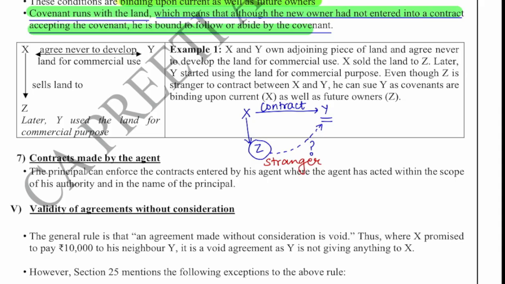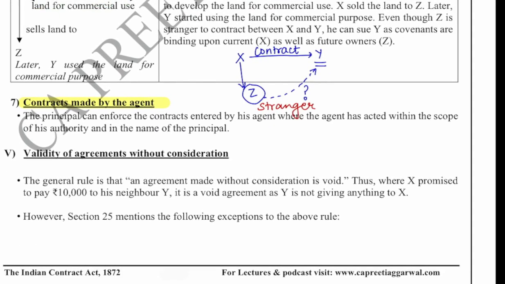Then Y can sue. Next, we have contracts made by agent. Does the agent enter into a contract for himself, or is he doing it for the principal? Yes, of course, he's doing it for the principal. So we have principal, agent, and third party. Now, the agent is entering into a contract with a third party, but on behalf of the principal.